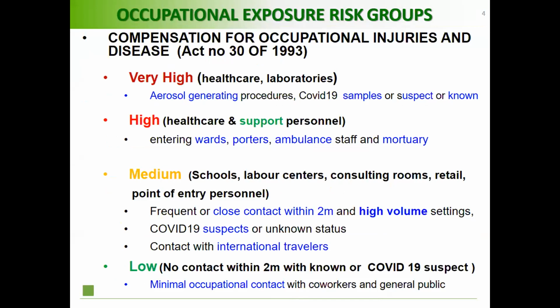So currently, the Compensation for Occupational Injuries and Disease Act number 30 of 1993 has classified risk groups by occupation. So the very high risk are healthcare workers and laboratory workers.